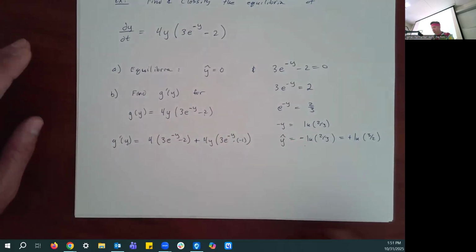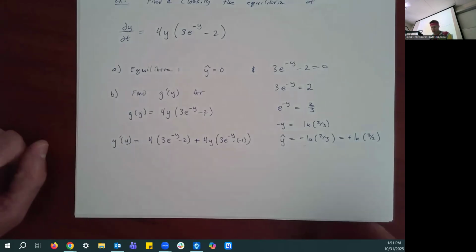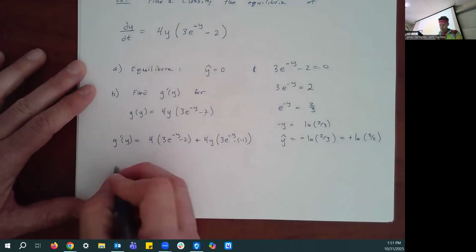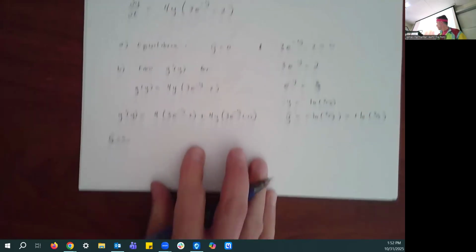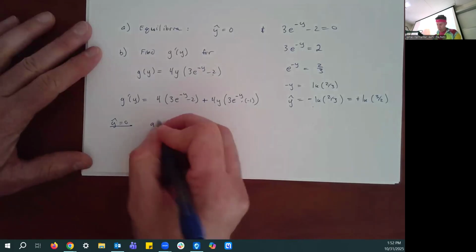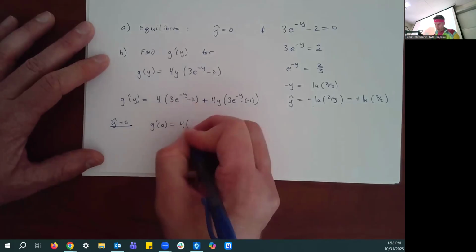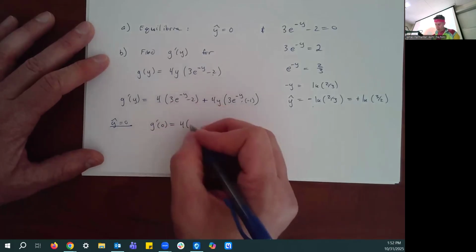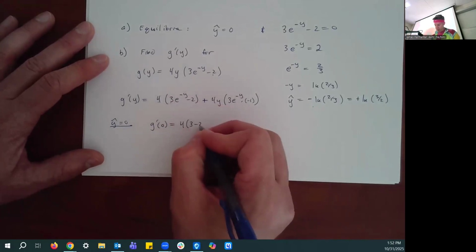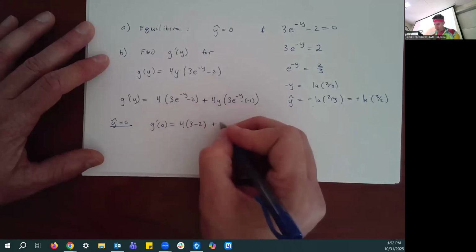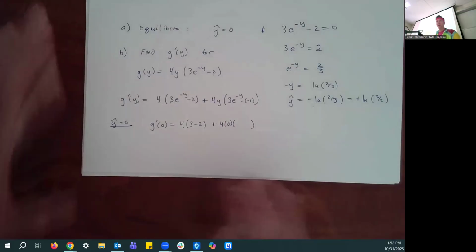And again, I don't think it's worthwhile to simplify this because we're just going to try plugging in some values and see what happens. So first we're going to plug in 0. So g prime of 0 is equal to 4 times 3e to the 0 minus 2. 3e to the 0 is just 3 times 1, so you have 3 minus 2, plus 4 times 0 times, I don't care what any of this is over here, it's not going to matter.